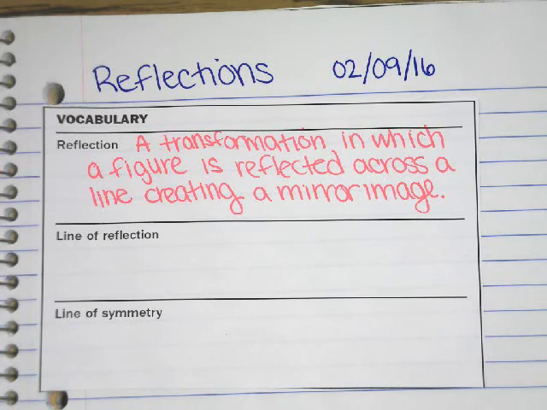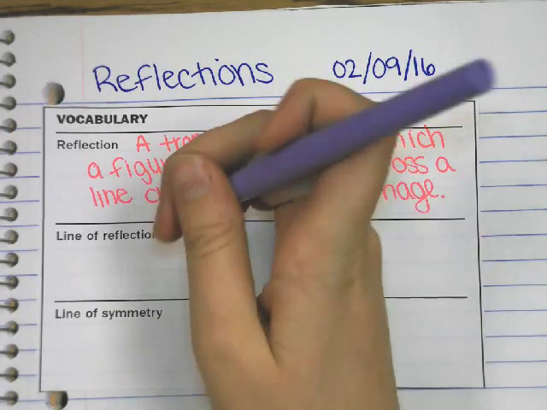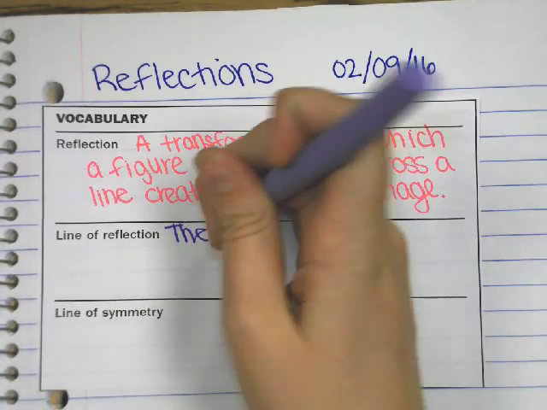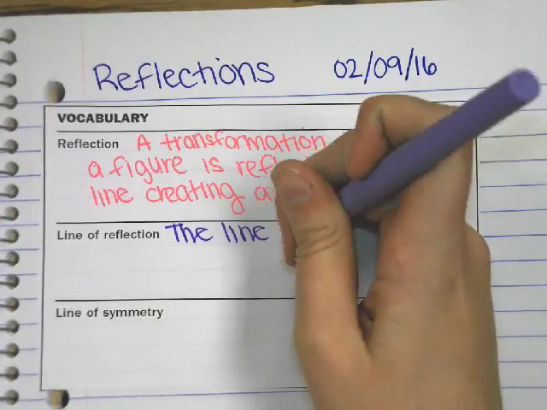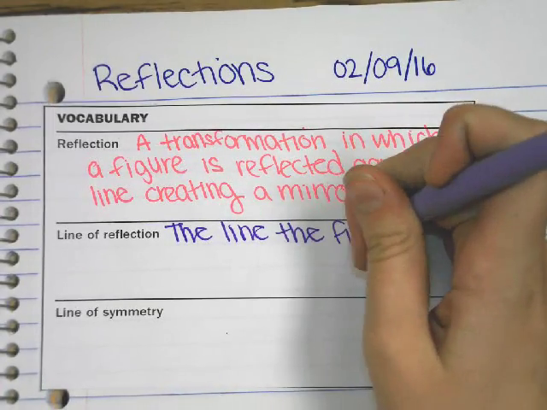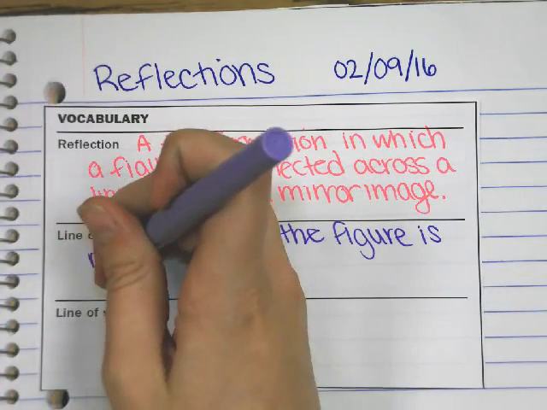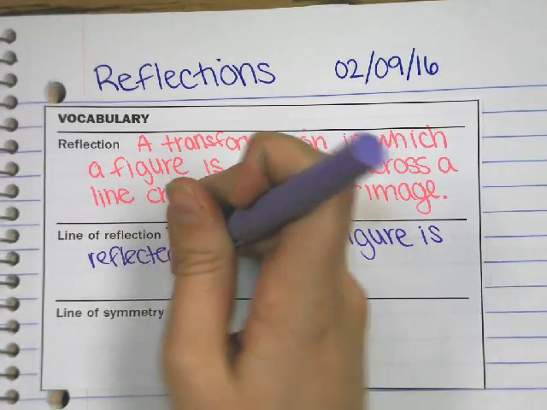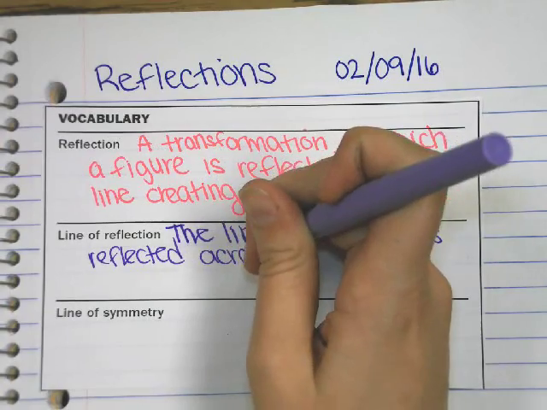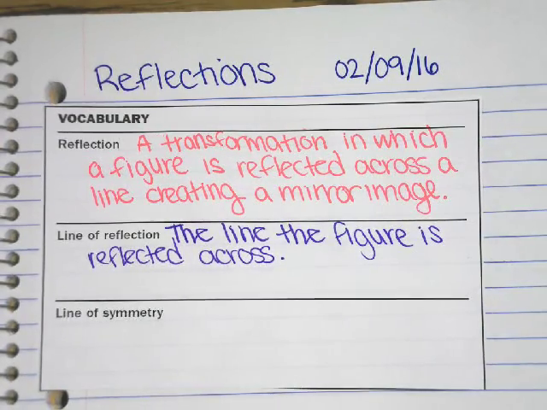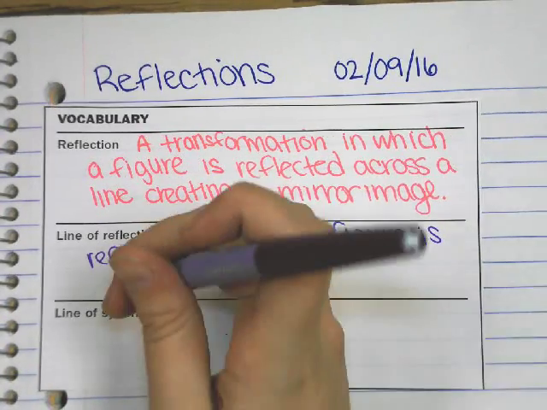Alright, the next thing we have here is the line of reflection. The line of reflection is just whatever line we take and reflect our image across. So line of reflection is the line the figure is reflected across. Our image is going to be the same distance, our pre and post image is going to be the same distance from this line.